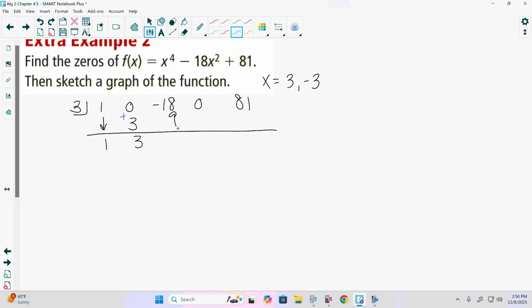Negative 18 plus 9 is negative 9. 3 times negative 9 is negative 27. And 0 plus negative 27 is negative 27. And 3 times negative 27 is negative 81. And 81 plus negative 81 is indeed 0. And especially going into that last one, don't just assume that they are equal. I would still make sure we do the calculations.